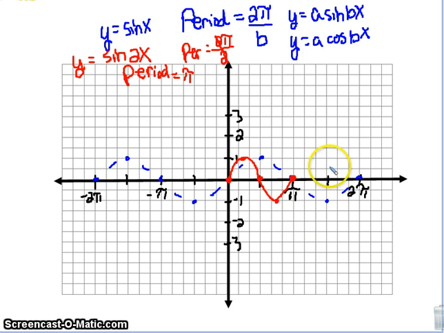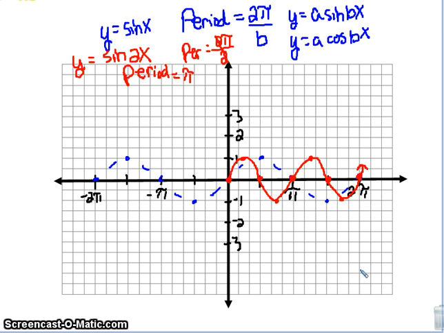If we do the next one, my zeros, I'm going to have a 0 at pi, I'm going to have a 0 at pi over 2, and I'm going to have a 0 at 2 pi. And then in the middle, I'm going up to 1, and then I'm going down. I'm smushing it in.